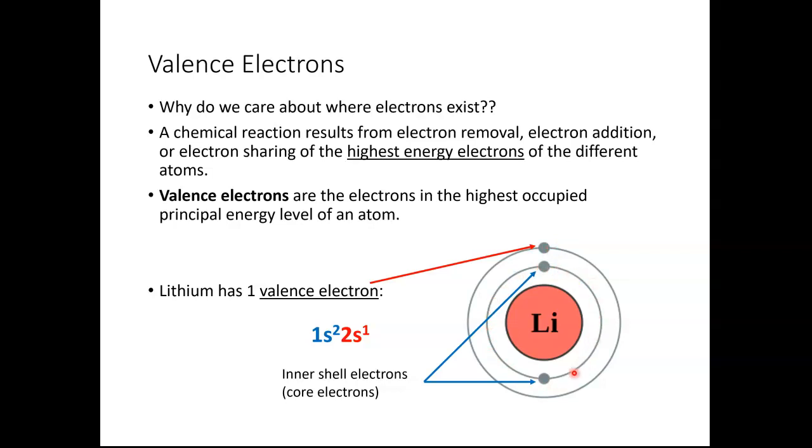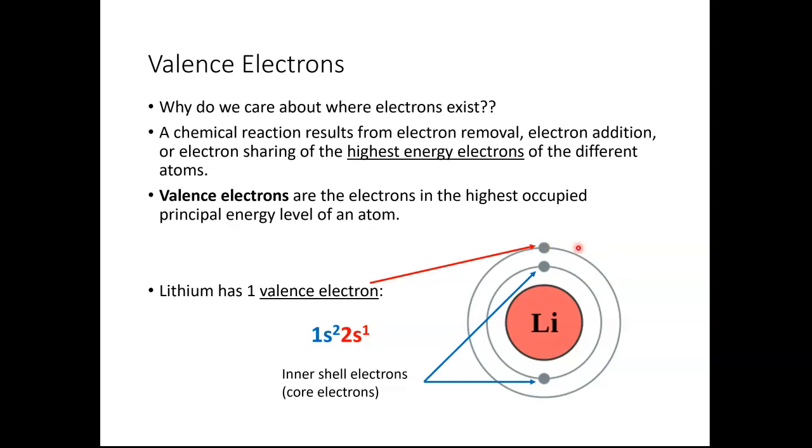We call these core electrons because there's another energy level out here. So we would only focus on chemistry happening here. These electrons are too attracted to this positive 3 nucleus here to do anything chemically. So the only option for chemistry with a lithium atom is with this electron right here.